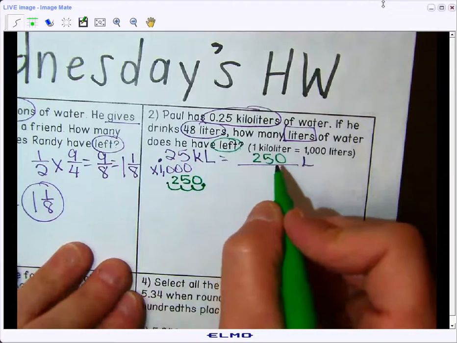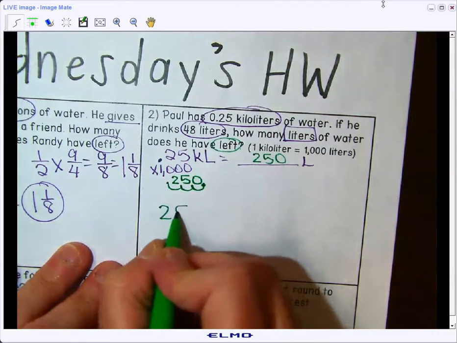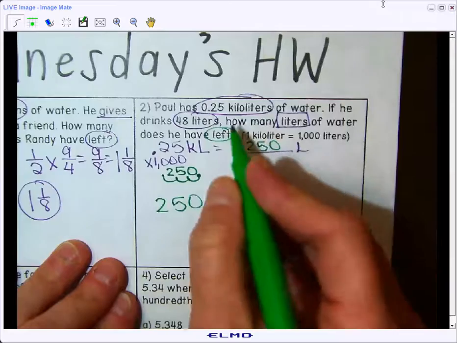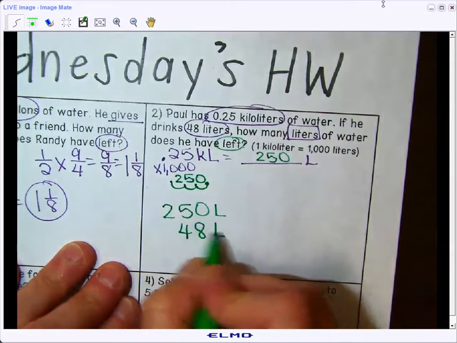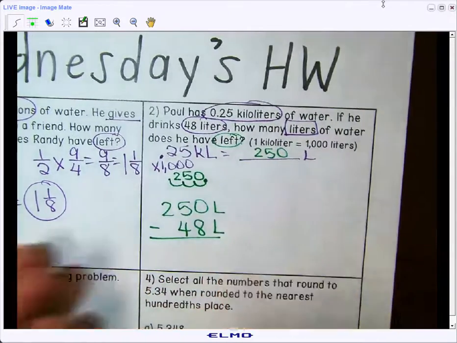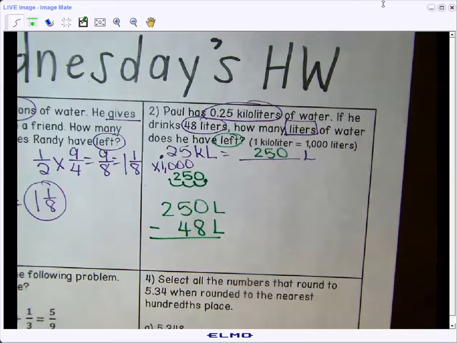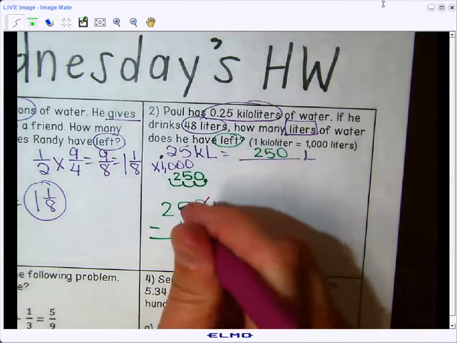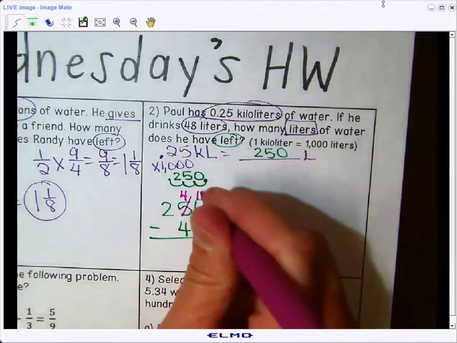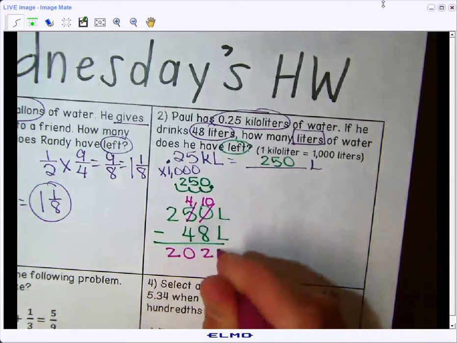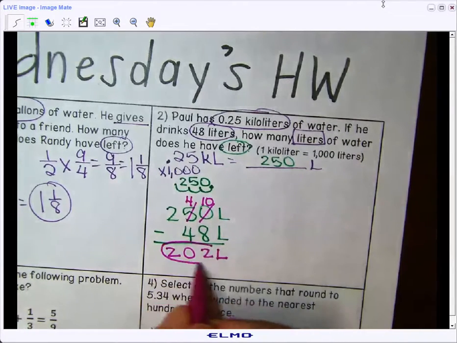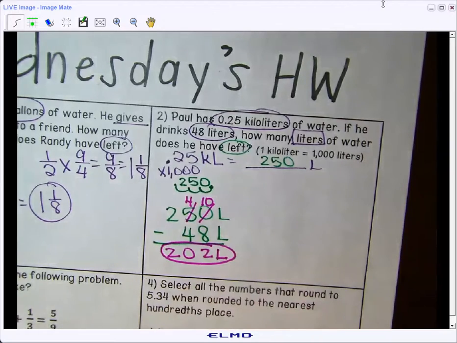So we take the total of what he has, 250 liters, and we subtract the 48 liters that he has been drinking. This would be 202. So we know that he has 202 liters left.